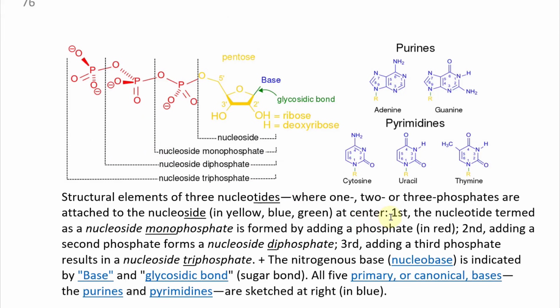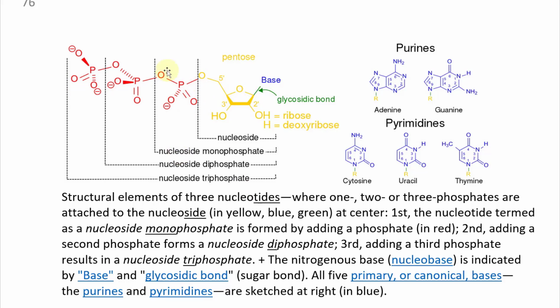First, the nucleotide termed a nucleoside monophosphate is formed by adding a phosphate in red. Nucleoside includes a 5 carbon sugar and the nucleobase. A nucleoside is just the base plus this. The nucleotide includes the phosphate.